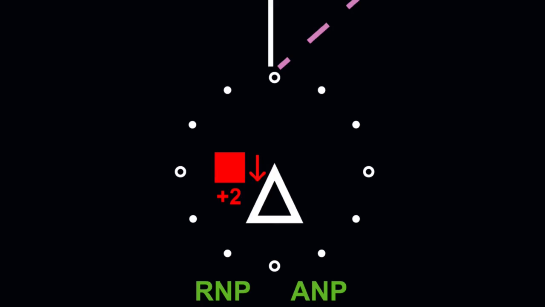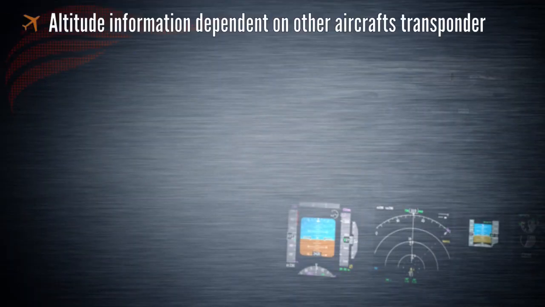The altitude trend arrow only displays when the traffic is climbing or descending at rates greater than 500 feet per minute. This altitude information is dependent on the other aircraft's transponder reporting altitude. If altitude information is not being transmitted, the symbol will not have an altitude tag, and resolution advisories will not be generated.